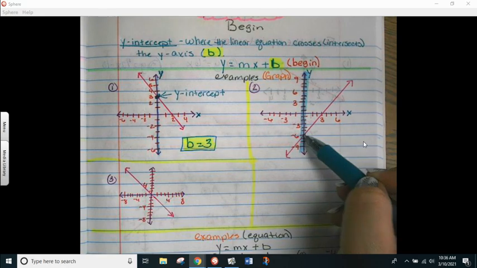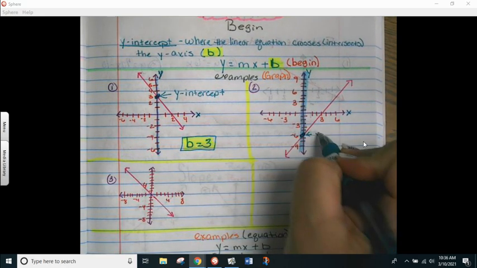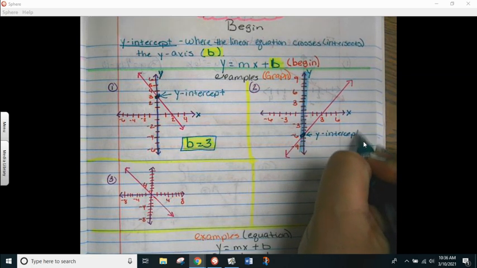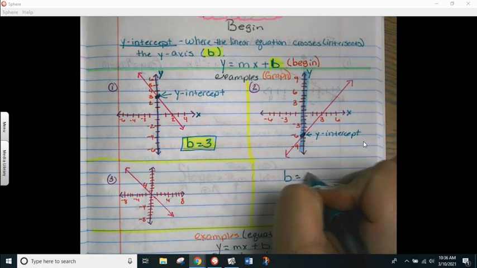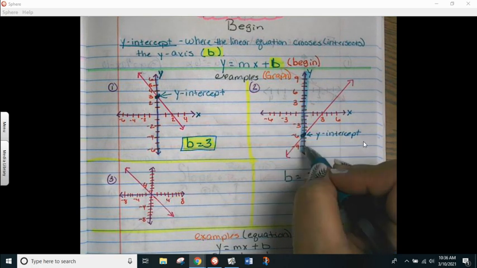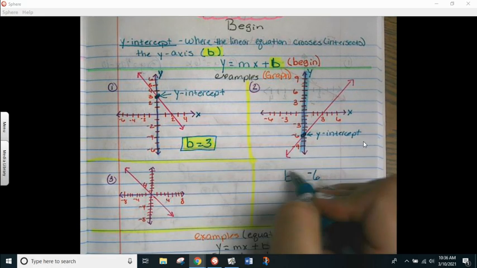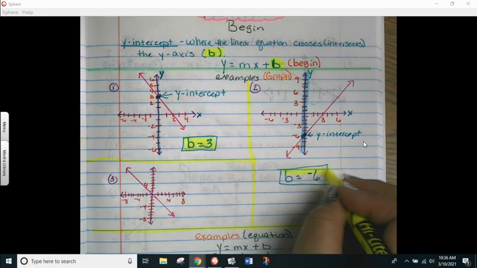I don't want the x. Here's the y-axis. That is my y-intercept. So this one would be b is equal to a negative 6, because it's below the origin. Below the origin would be the negatives. So it is negative 6.